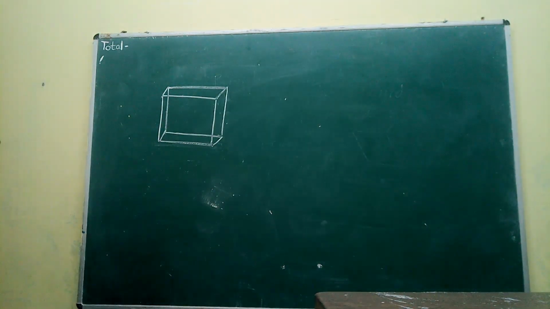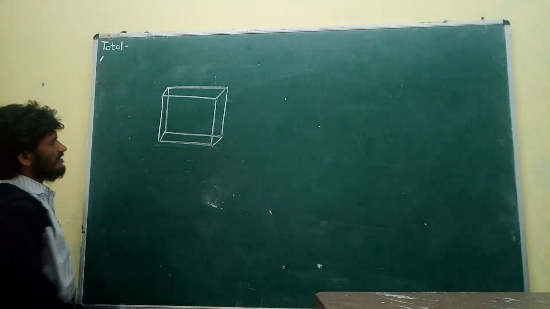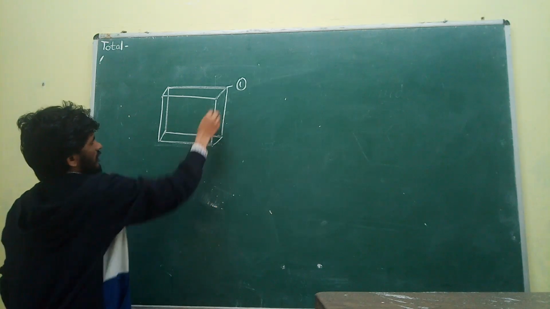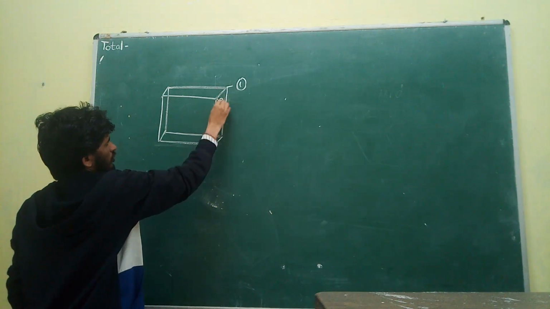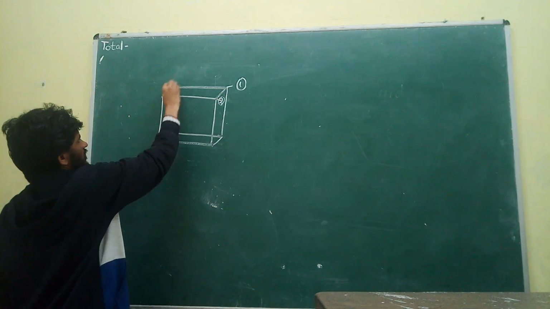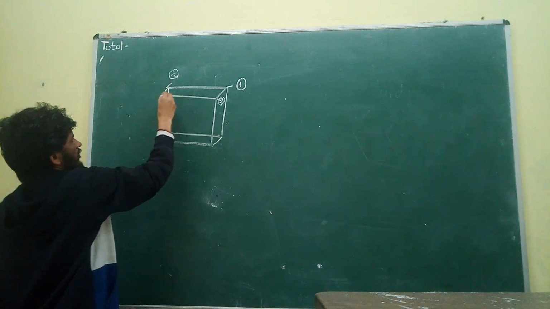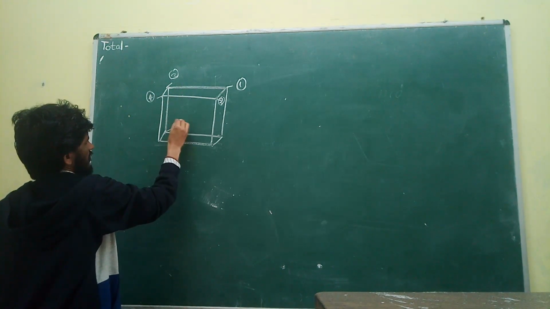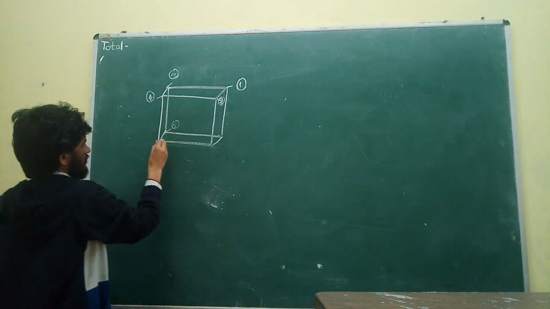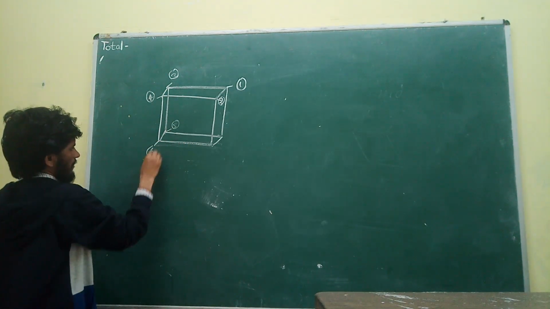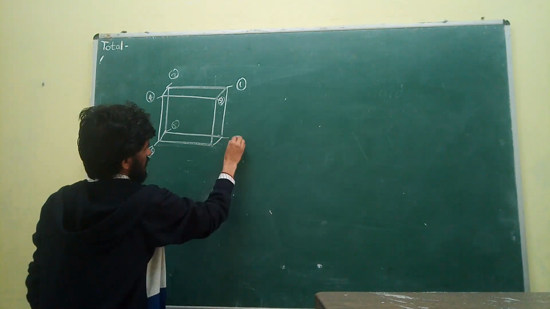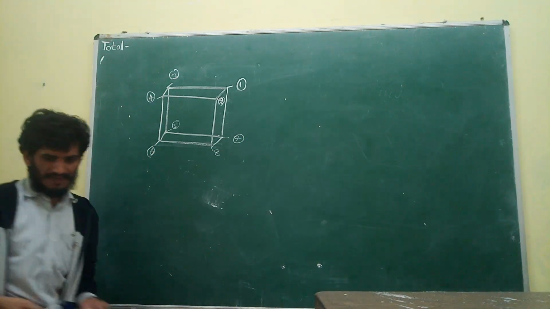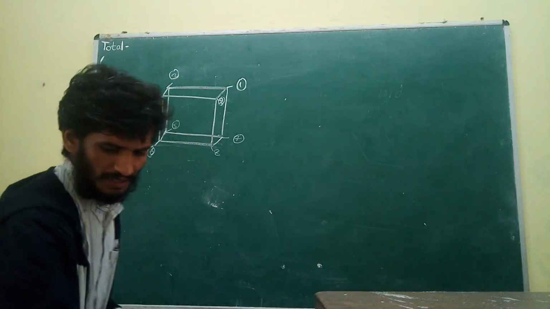So this is the cuboid unit cell. Now see here, how many corners are there? Corner 1. Okay. See here, 2, 3, 4, 5, 6, 7, 8. Means there are 8 corners present in the simple cubic unit cell.